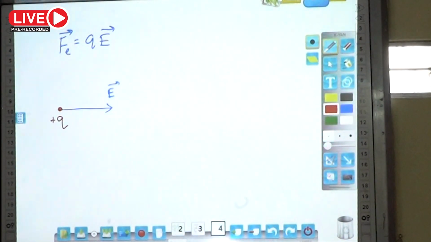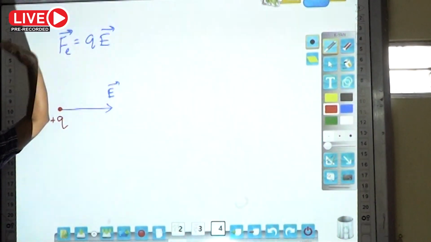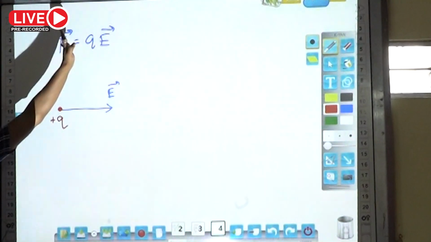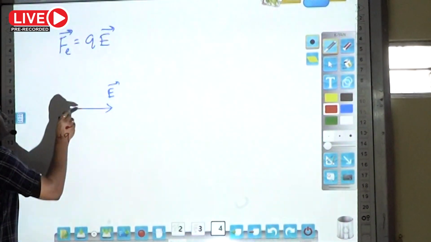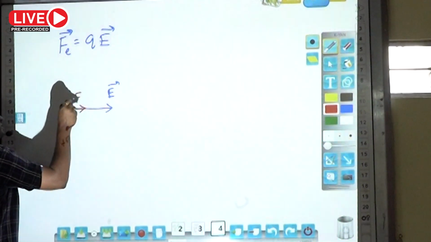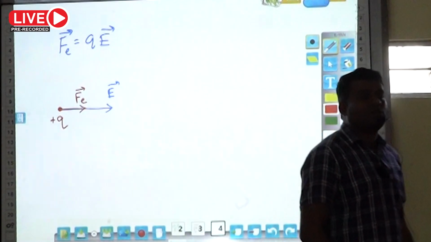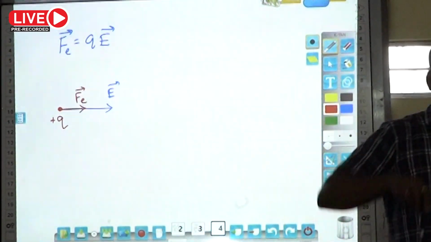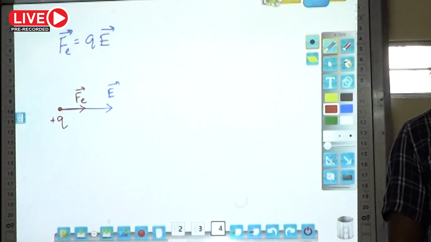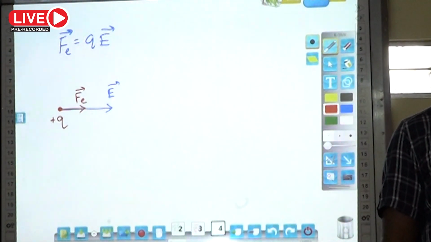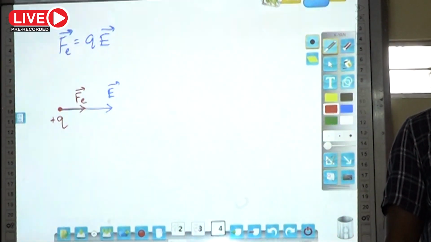In the direction of the field, because Fe equal to qE means the F vector and E vector are parallel to each other, along the same line in this case. So this force vector on this charged particle is along this Fe. The straight line that you draw for representing the electric field, the same straight line also represents the electric force.